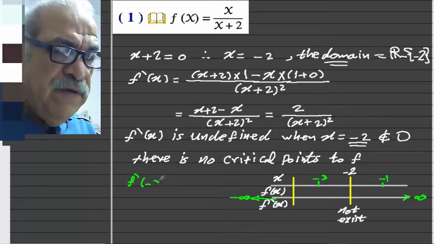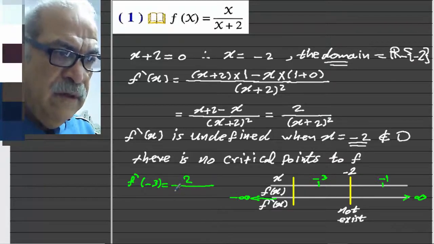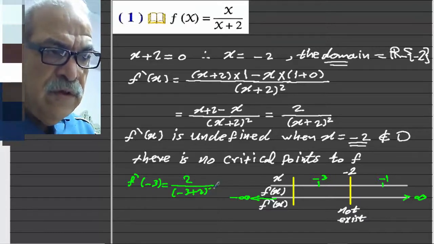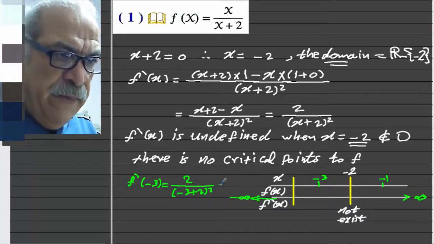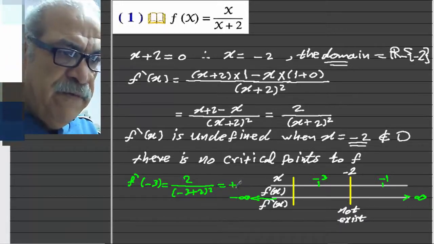of -3 equals 2 over -3 plus 2 all square, and this is equal positive 2.